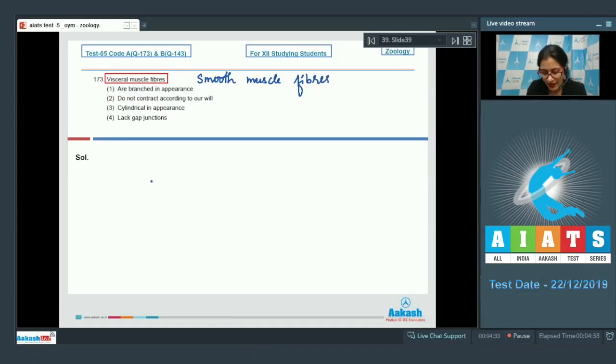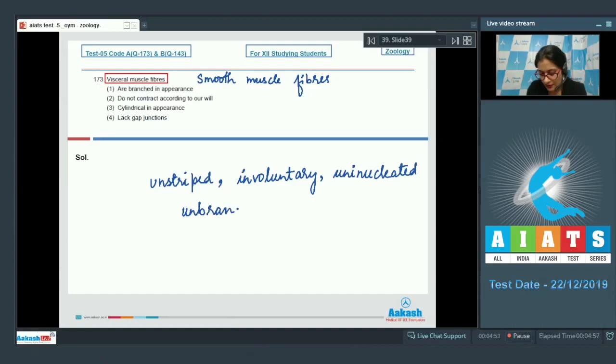Smooth muscle fibers are unstriped or unstriated, involuntary, uninucleated, unbranched muscle fibers present in the wall of hollow organs such as wall of stomach, wall of intestine, etc.